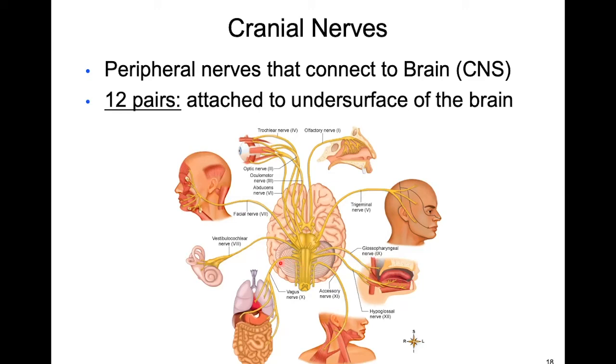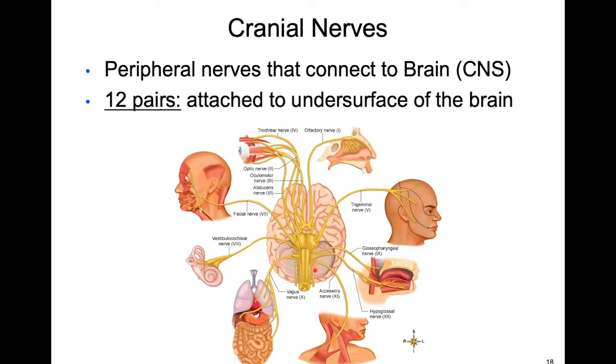Cranial nerve number 10 is the vagus nerve, and the vagus nerve also contains both sensory and motor neurons. The sensory divisions receive information from our digestive and respiratory organs in the thorax and abdominal cavity, but is also responsible for our gag reflex. And the motor division of the vagus nerve works alongside the parasympathetic nervous system to be able to regulate the smooth muscle that makes up our digestive system.